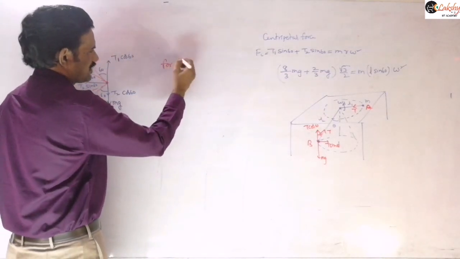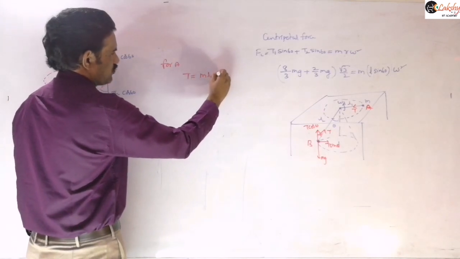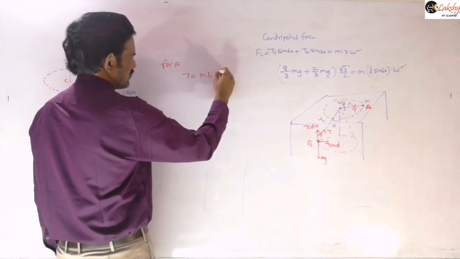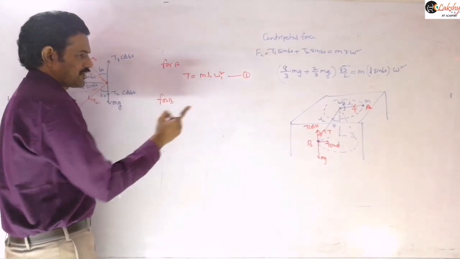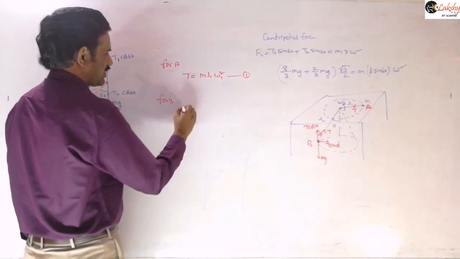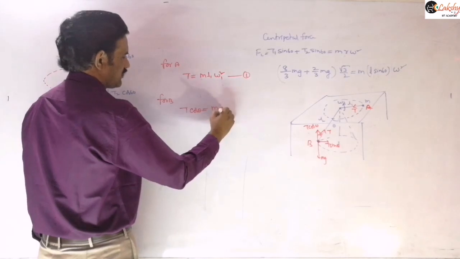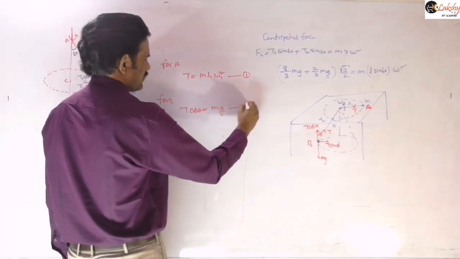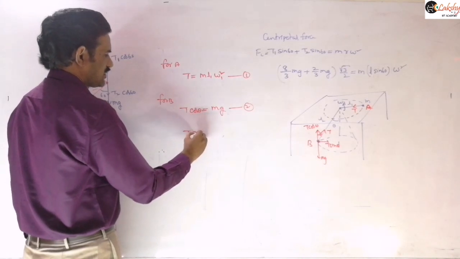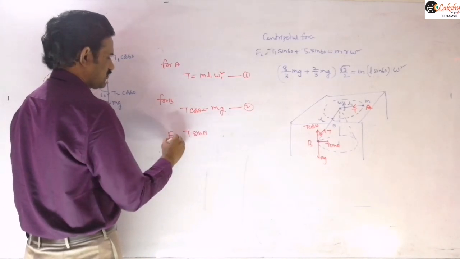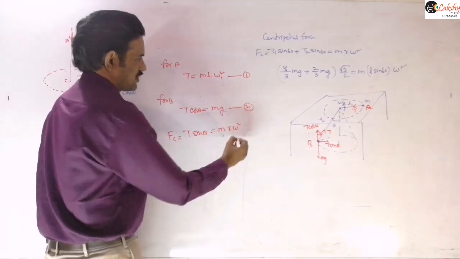For A you can write T is equal to m L1 omega 1 square, right? So this is our equation 1. Now for B, T cos theta is equal to mg. This is equation 2. And the centripetal force equation is T sin theta is equal to m r omega 2 square. Now R, the radius, is L2 sin theta. So T sin theta is equal to m L2 sin theta omega 2 square.